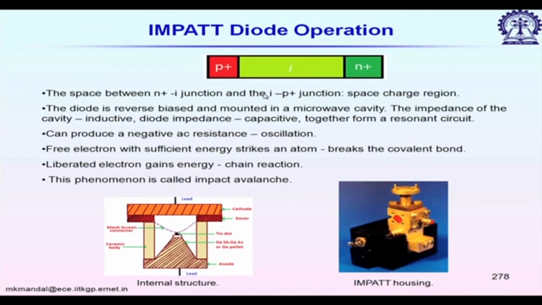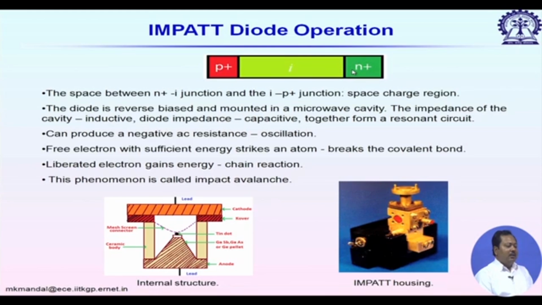So, let me discuss the very basic operation of a p plus I n plus type impact diode. We will assume that the electric field is high enough inside, so that when the electrons accelerate inside the intrinsic layer and into n plus, they will hit covalent bonds and generate electron hole pairs, and under high electric field they will keep on impacting, and we will have more and more electron hole pair generation.